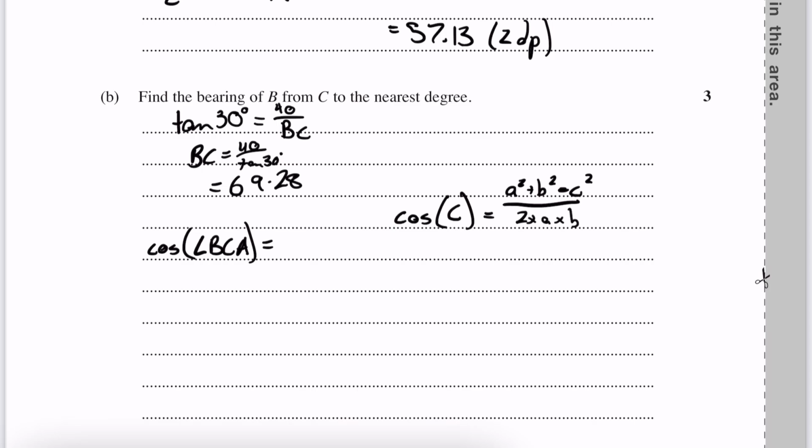Okay, and if we just plug in our values, we get 57.13 squared plus 69.28 squared minus 100 squared.